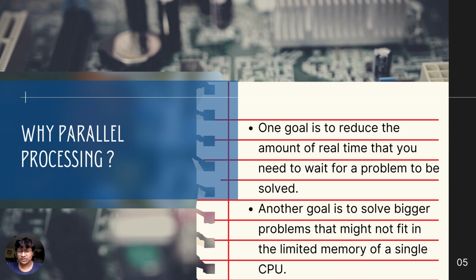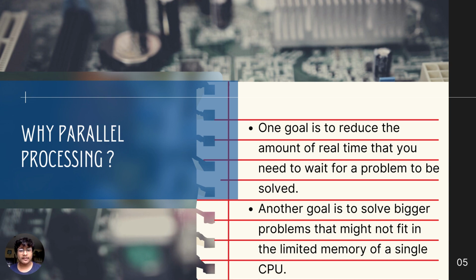Everyone would be able to cross the finish line, but the one who completes it first would be declared the winner. Here is a similar concept. The faster we are able to do things, the faster we gather results. So our goal is to reduce the amount of real time we need to wait for a problem to be solved.